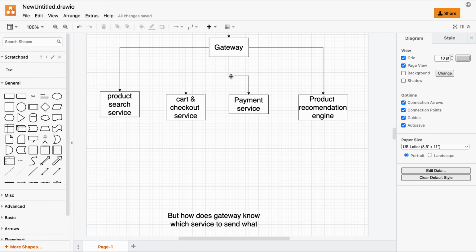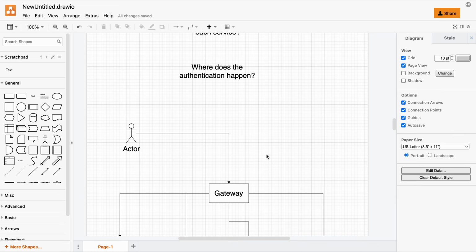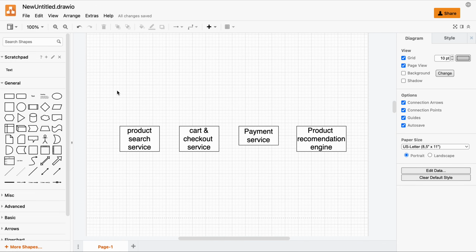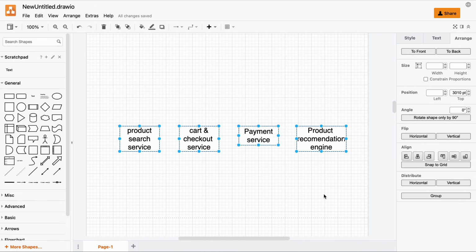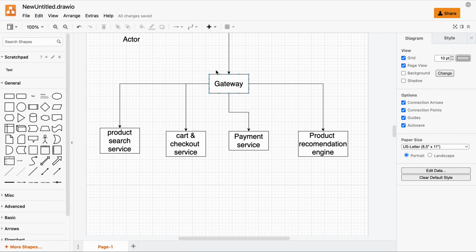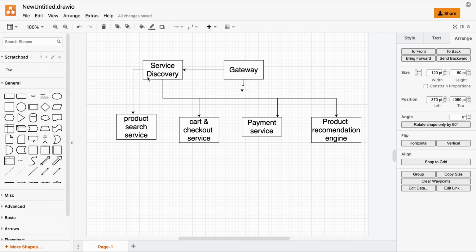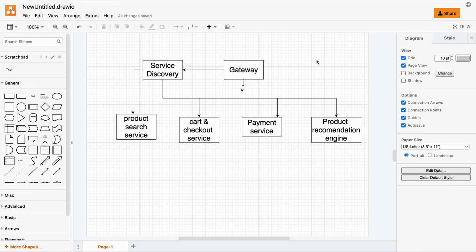So we just saw two patterns already brought in. To get certain advantages, we move to this structure, but it also comes with its own complexity. To solve that complexity, we have a set of patterns. The gateway is an example, service discovery is an example. In the same way, there are multiple patterns.